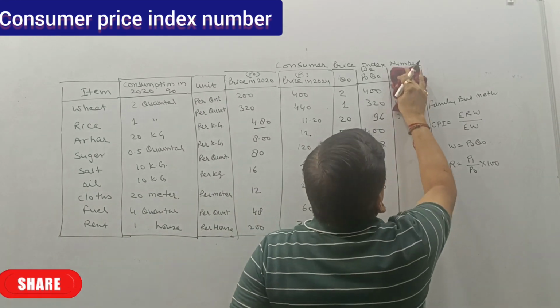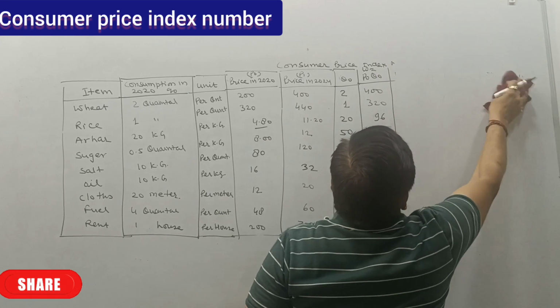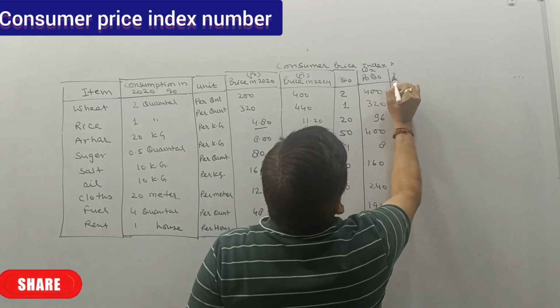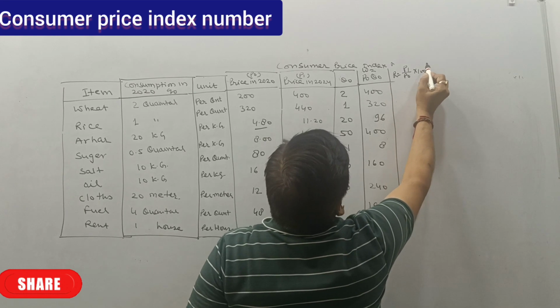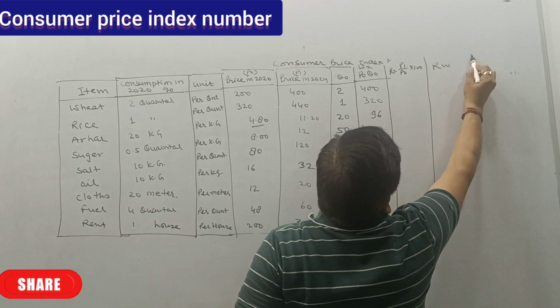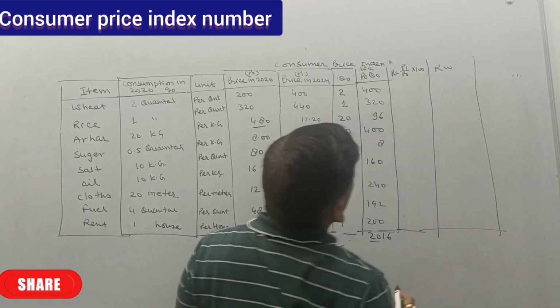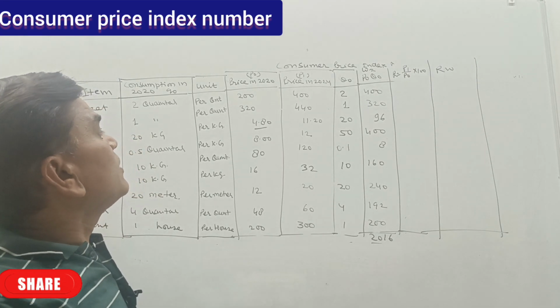We don't require this. First we require R. The value of R is P1 by P0 multiplied by 100, and next we require RW.